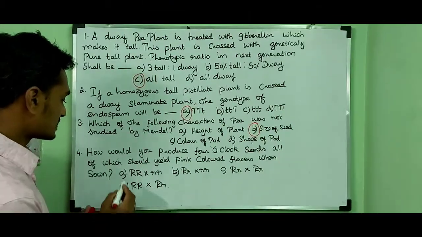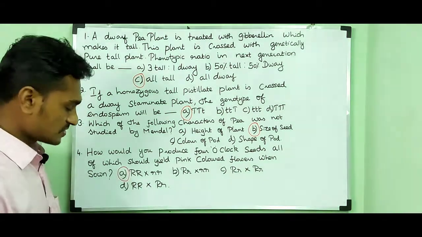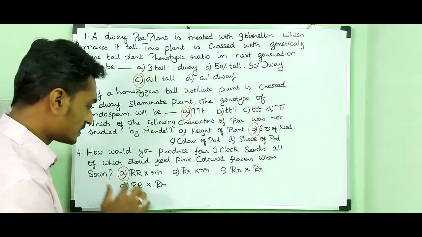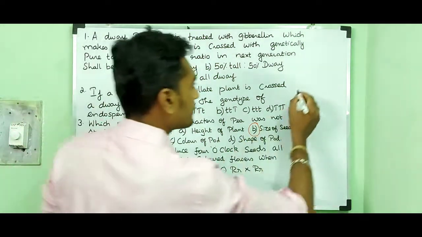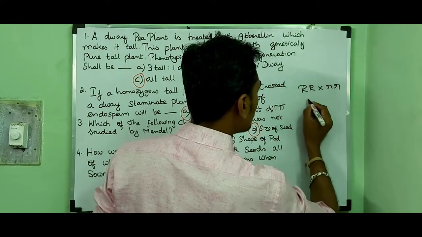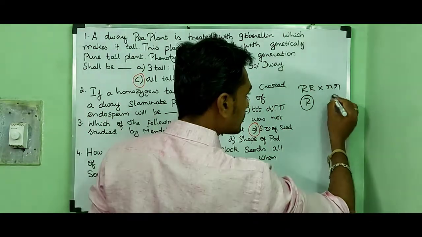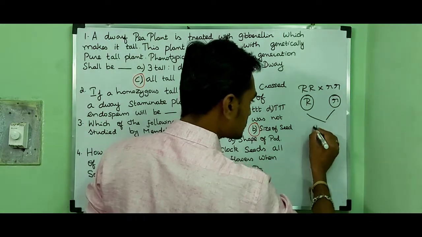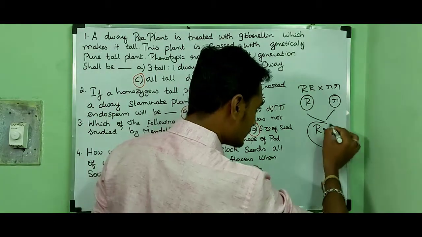The right answer is option A. If we make a cross between capital R, small r, and capital R, small r, gametes are produced, fusion of gametes takes place, resulting in capital R, small r, which is the intermediate form.